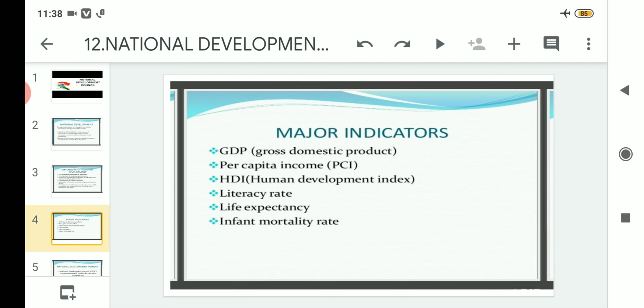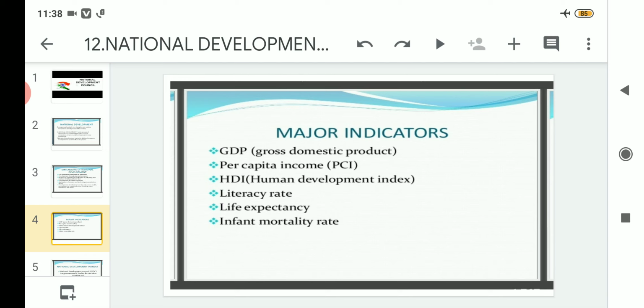Then per capita income, known as PCI, the per capita income of every individual of a particular country. Then HDI, the Human Development Index. These are all interrelated with each other, and they should come into the calculations when the national development of a country is taken into account. So number 3 is Human Development Index.